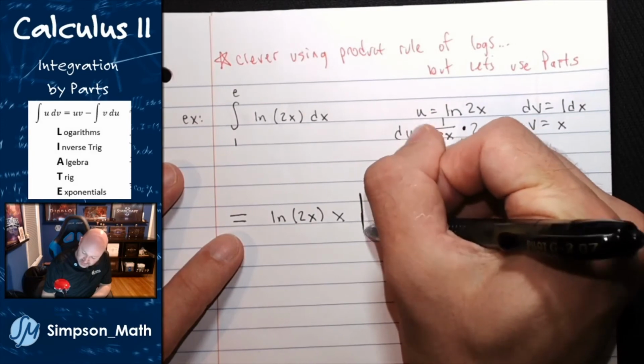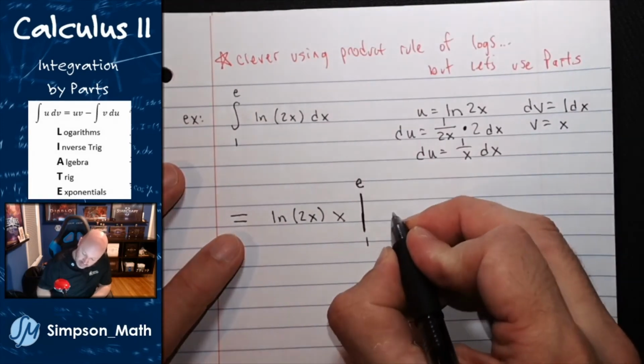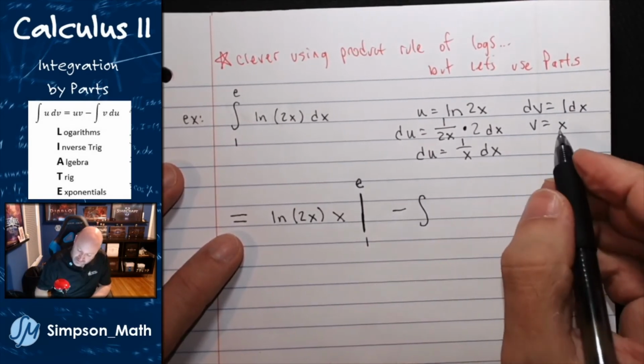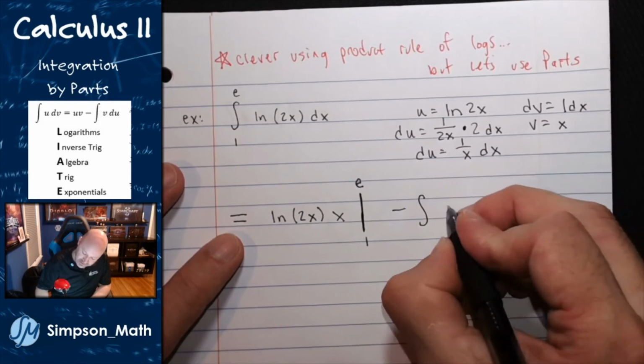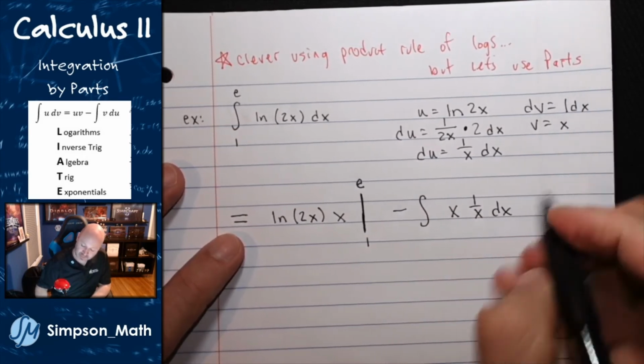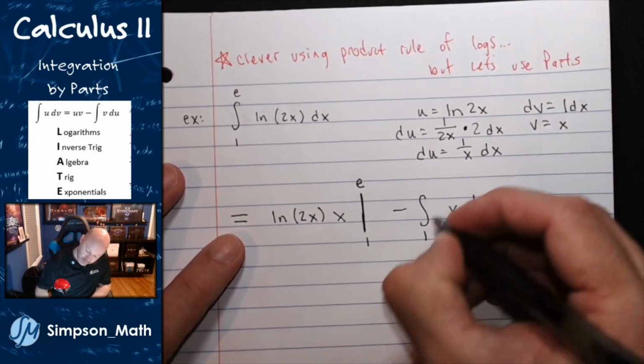So I do need to evaluate this from 1 to e, but I'm not done with the parts formula. I'm still subtracting the integration of v du. So that's x times 1 over x. And this integration, of course, has those same bounds, 1 to e.